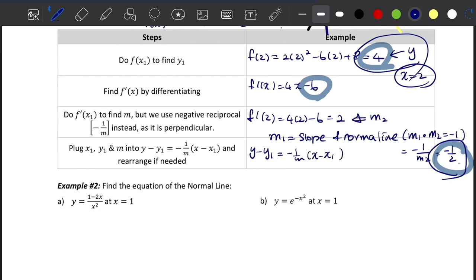Then we do y minus 4 equals negative 1 over 2 times x minus 2. Then we get y equals negative 1 over 2 x plus 5, and this is the equation of the normal line.